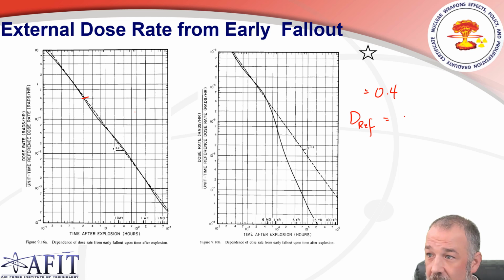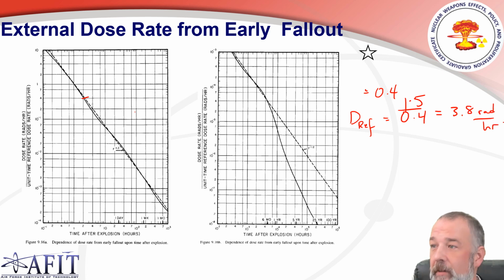That's going to be equal to the dose rate we measured divided by this factor, which is going to be equal to 3.8 rads per hour. Okay, so we read that right off of this chart. So far, easy peasy lemon squeezy.